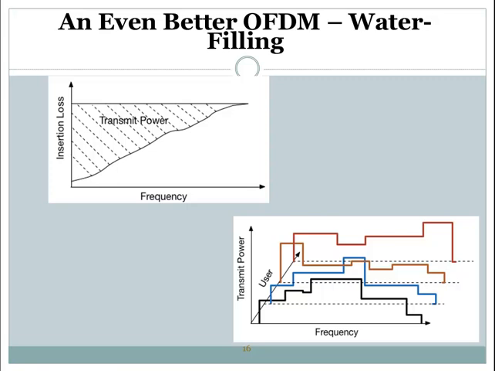So these four pairs may have different channel conditions on the frequencies. Then we can allocate different amounts of transmit power to these frequencies and to the users to achieve the optimal power efficiency.